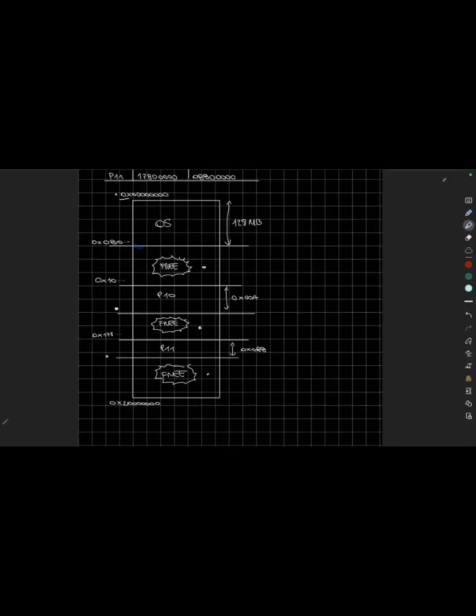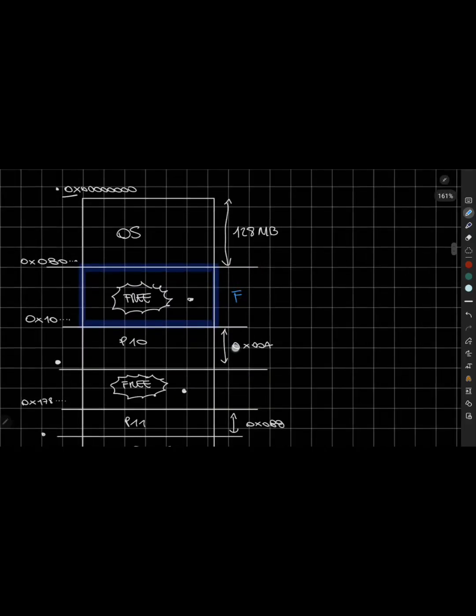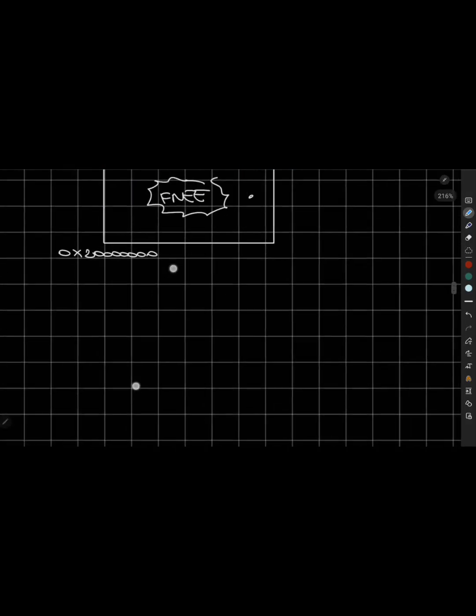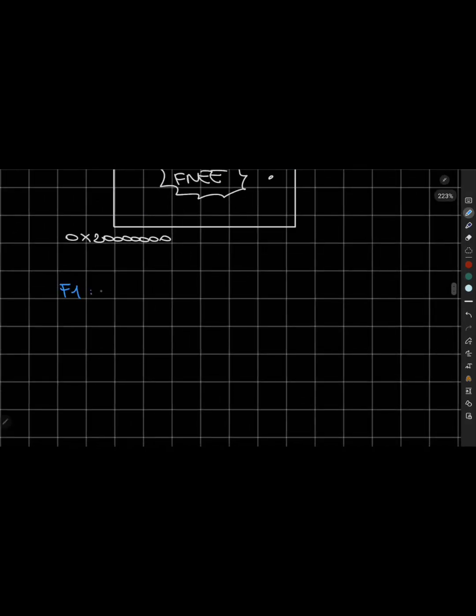Okay, so let's start to calculate the information of the very first block. Let's call it F1. We know the starting address, which is 08. And we need to know the size.